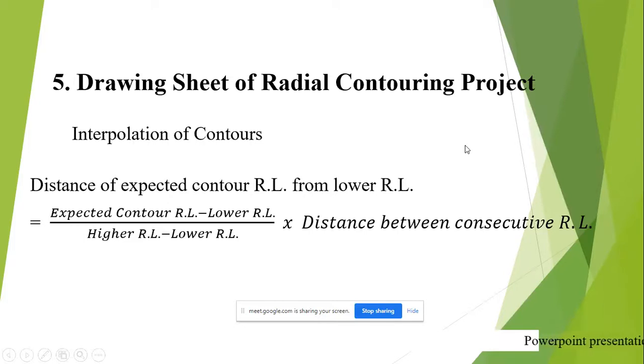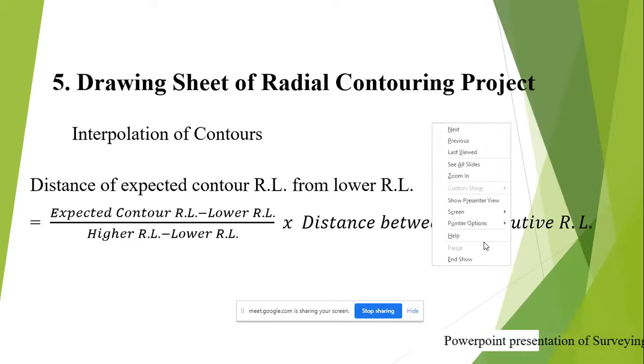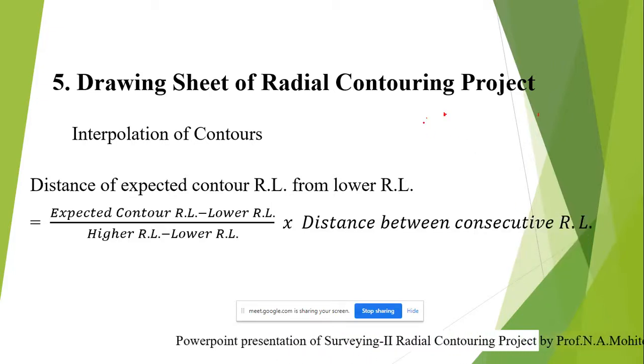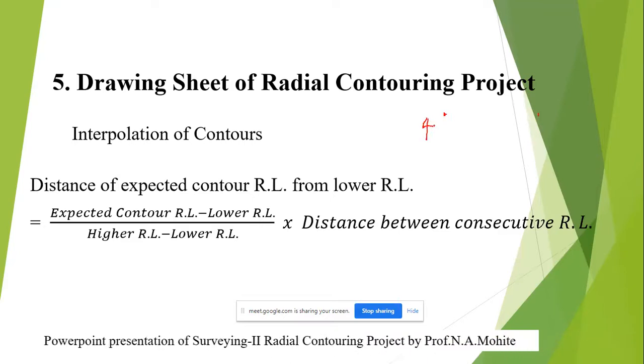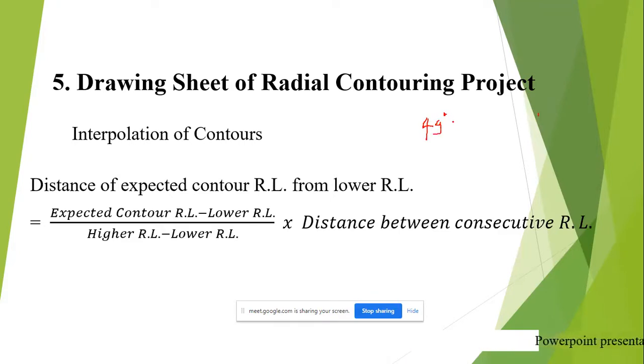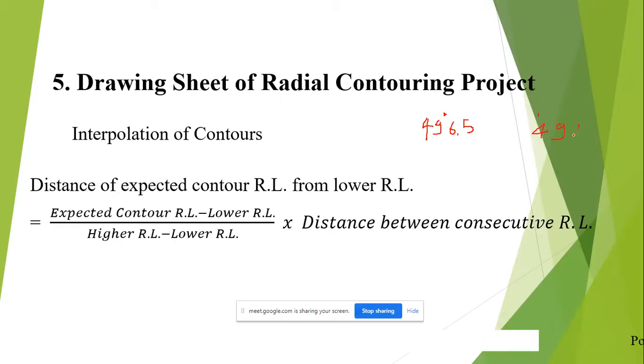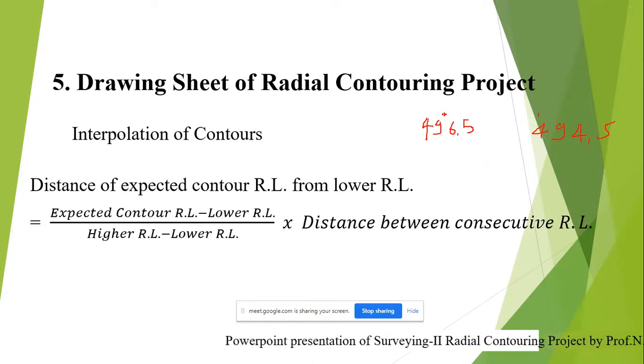Suppose these are the 2 points. Suppose this is 496.5, I'm taking this as tentative, and this is suppose 494.5, and suppose this is a straight line.